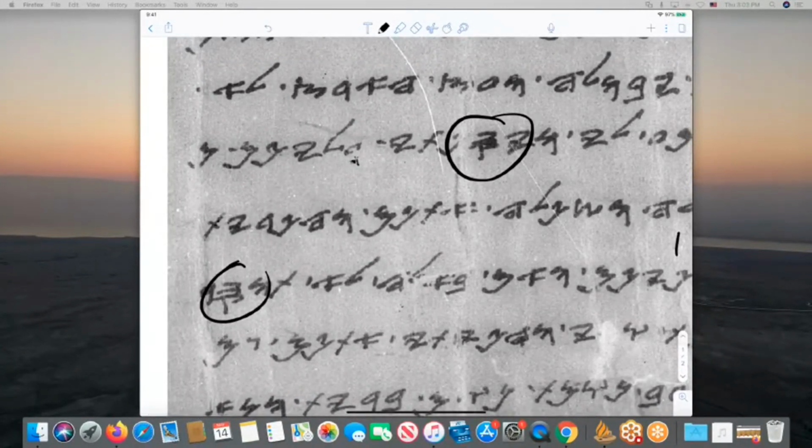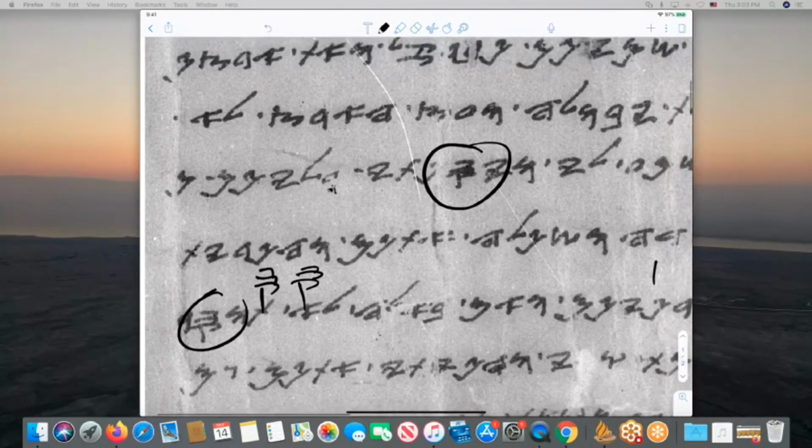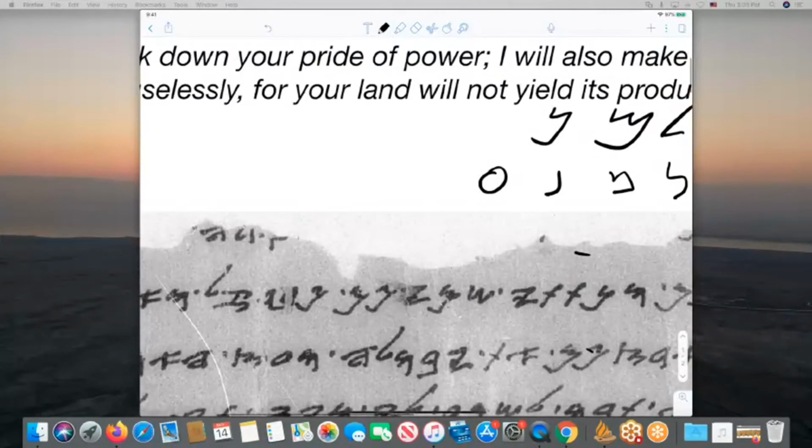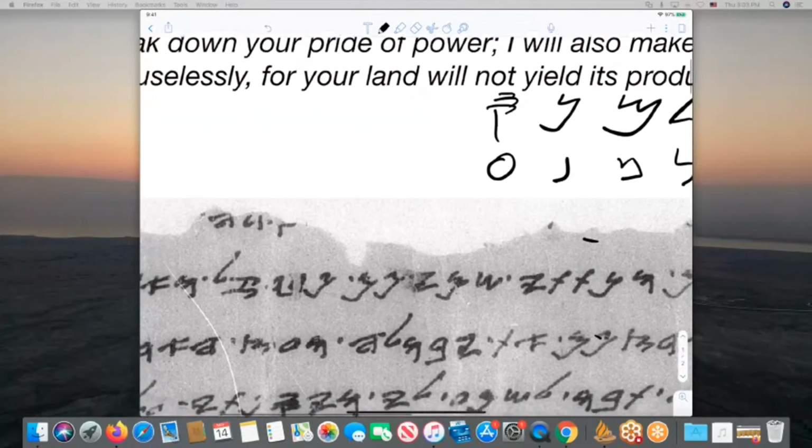You have a series of these, something like that, where you have 1, 2, 3 little hooks and then a vertical line. So that's our letter Samach. So we'll come up here and draw that. And it's usually a little bit bigger than the other letters.